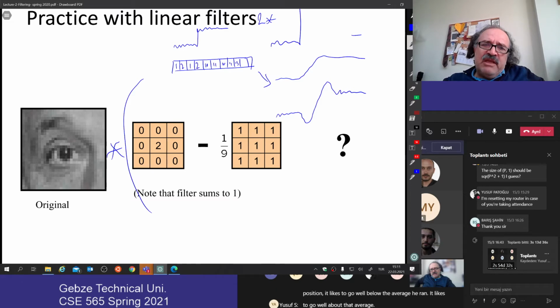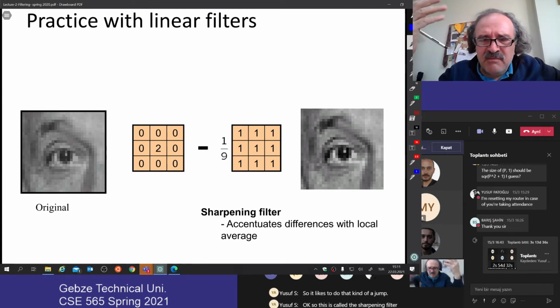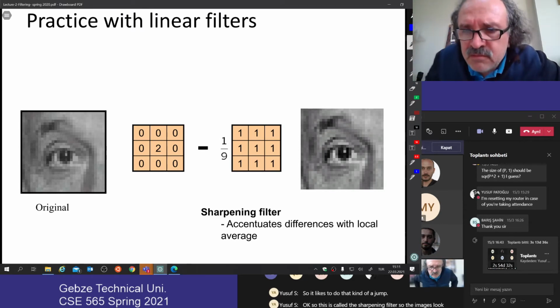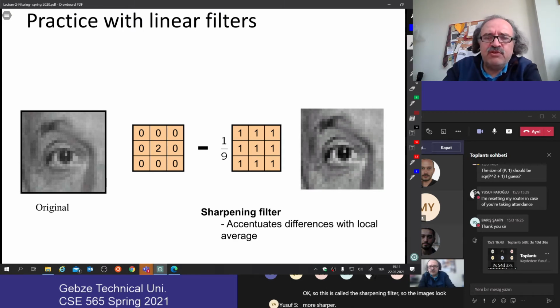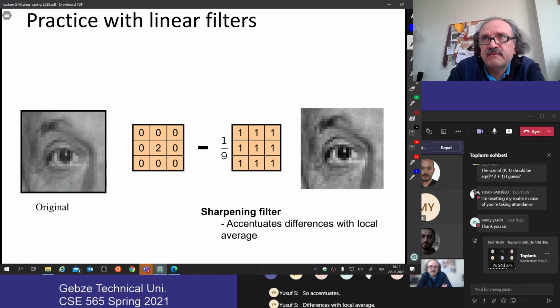So it likes that kind of jump, okay? So this is called the sharpening filter. The images look sharper. It accentuates differences with the local average.